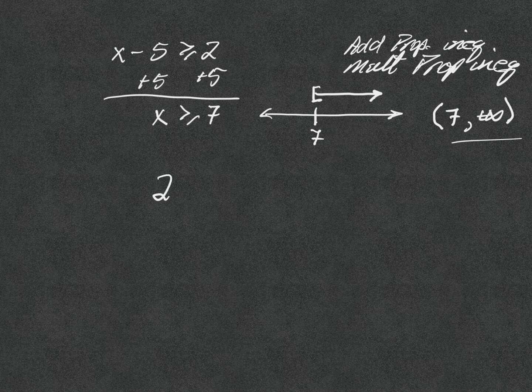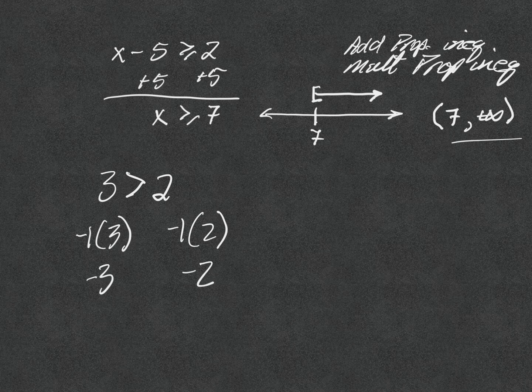Now, suppose I know that 3 is bigger than 2 as an inequality. Now, if I multiply both sides by a negative number, say I multiply negative 1 times 3 and negative 1 times 2, okay? That gives me negative 3 and negative 2.